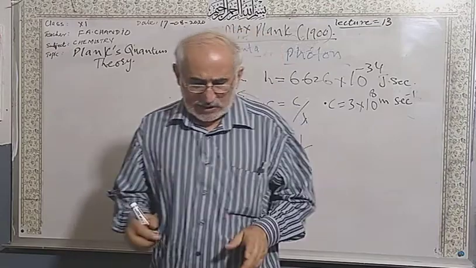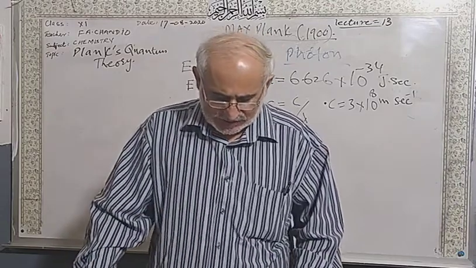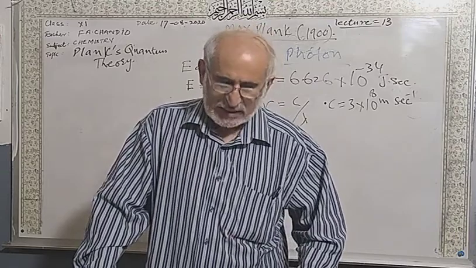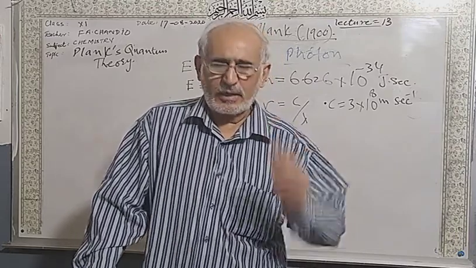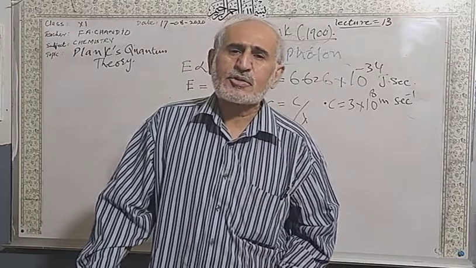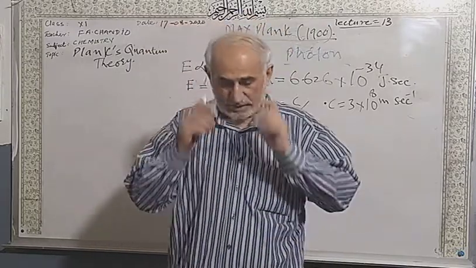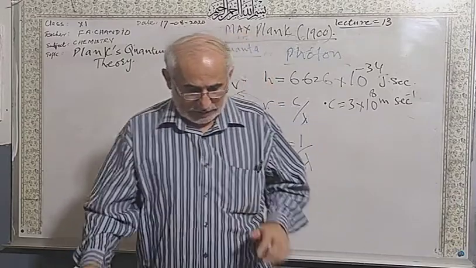The distance between two adjacent crests or troughs is called wavelength. It is expressed in nanometers or in angstrom. You can represent it in nanometers and you can represent it in angstrom.